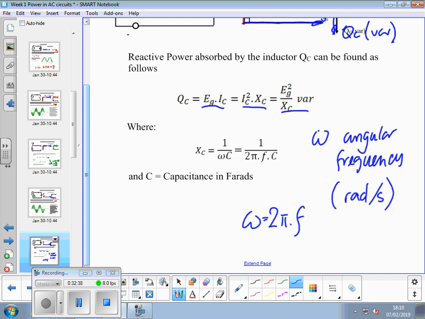Frequency in hertz is how many times it goes round a second. 2 pi is how many radians there are in a complete circle. Frequency is 50, so omega for 50 hertz is 100 pi. That gives you 100 pi radians per second. The hertz is revolutions per second.